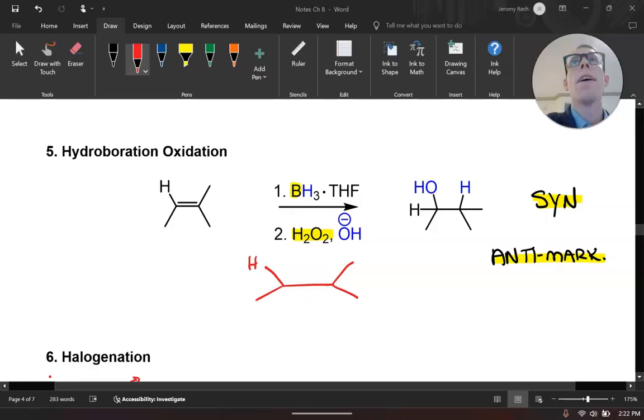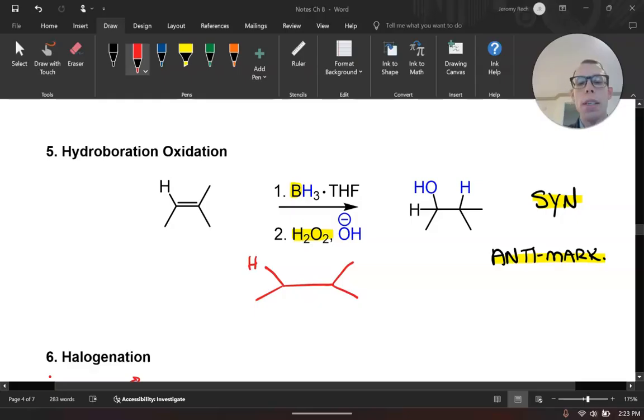In this case, we have THF. You can also have it with a variety of other species. So instead of THF, you can use an ether, like a diethyl ether. You can do it with sulfides. There's a handful of different things that can help stabilize that.